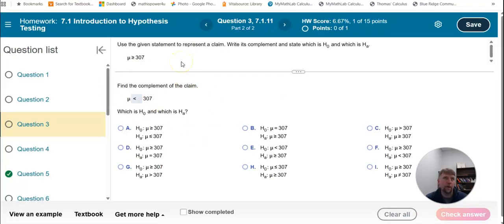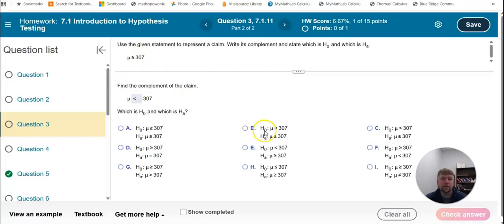Now, when we break up the number line into the stuff below a number and the stuff above a number like this, one of them will have to have equality. So greater than or equal to, strictly less than. The one that is strictly less than or possibly strictly greater than will always be the alternate hypothesis. And that is because we have to have equality in the null hypothesis.